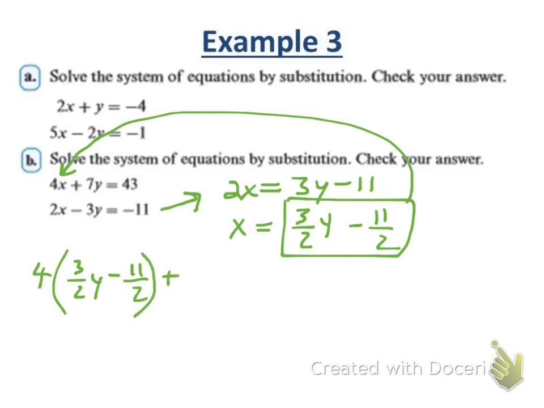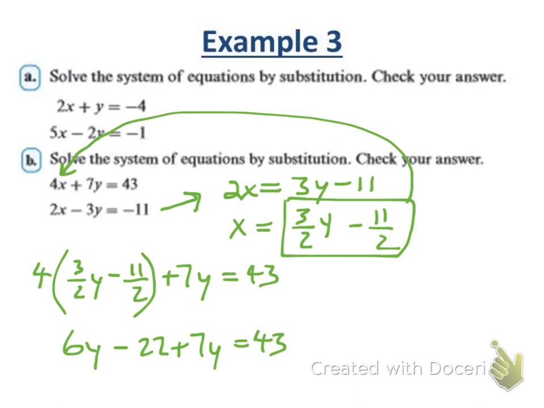This is going to work really nicely, because when we multiply those fractions by 4, they're going to be gone. 4 times 3 halves is 6. 4 times negative 11 halves is negative 22. Plus 7y equals 43.